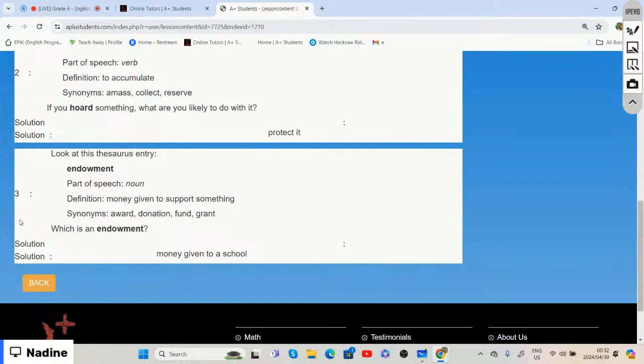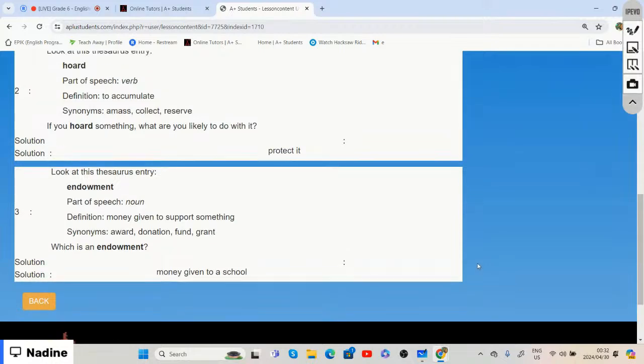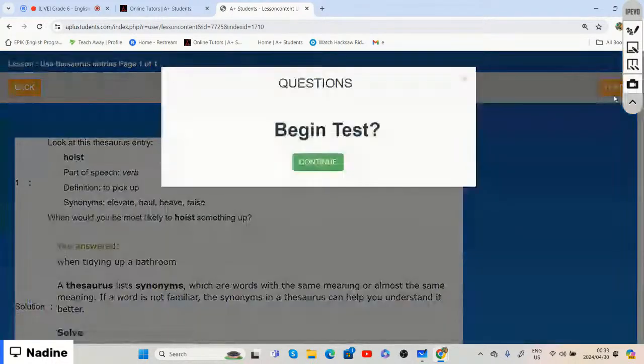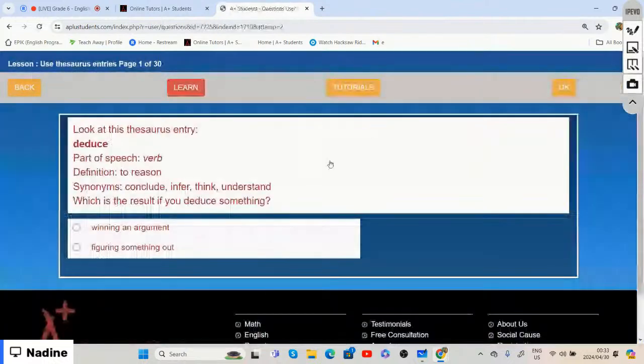All right. And which is an endowment? It is money given to a school, right? All right. Now we're going to our test. So we're going to use the entries, right?